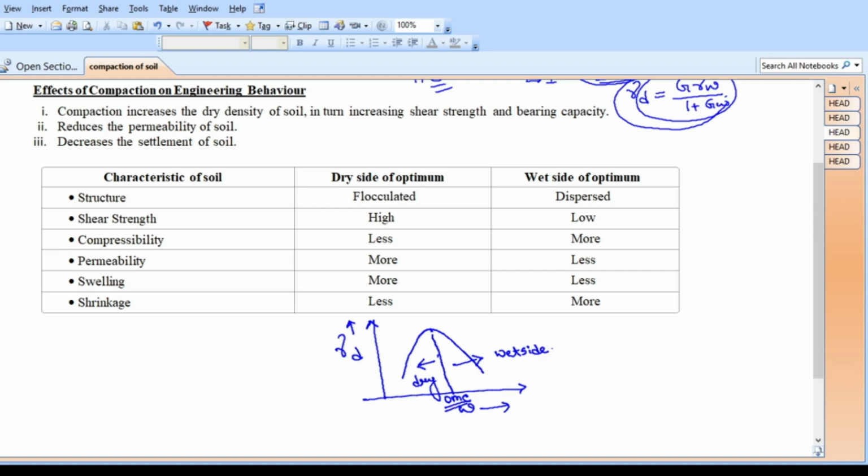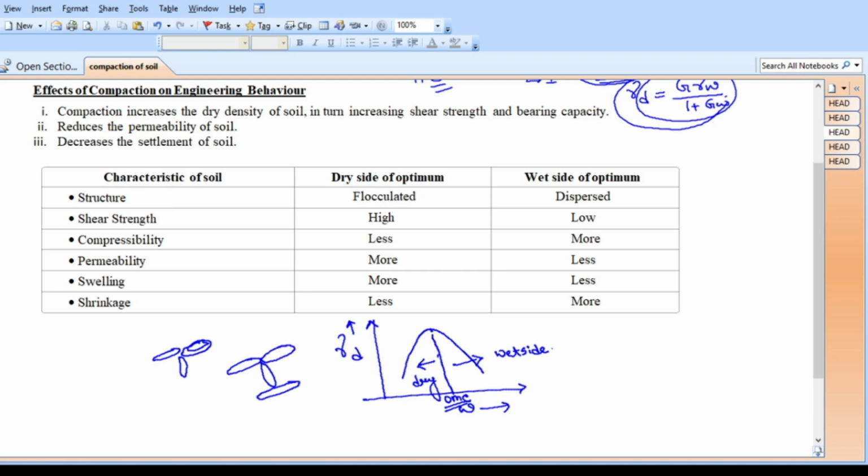So what are the characteristics on the dry side and on the wet side? On the dry side, we find the structure as flocculated. What do you mean by flocculated structures? The structure will have edge to edge, or we can say edge to face orientation, somehow like this.